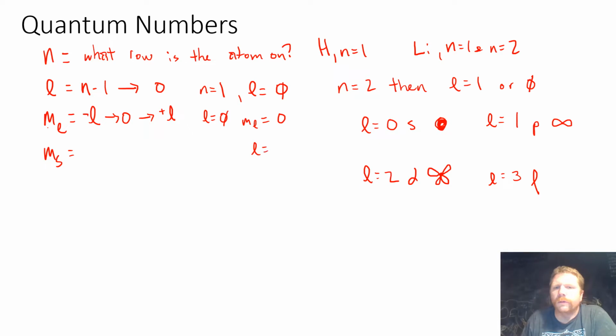If l equals 1, m sub l equals negative 1, 0, positive 1. Okay. Your m sub s is going to be either positive 1/2 or negative 1/2. This is your magnetic spin quantum number.